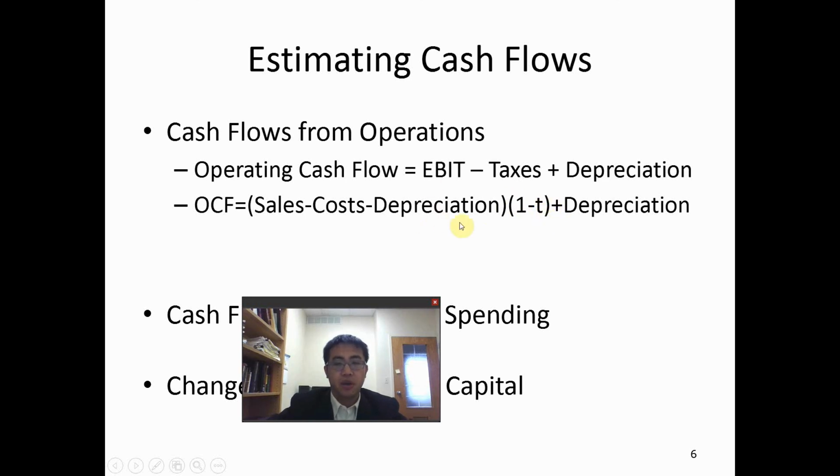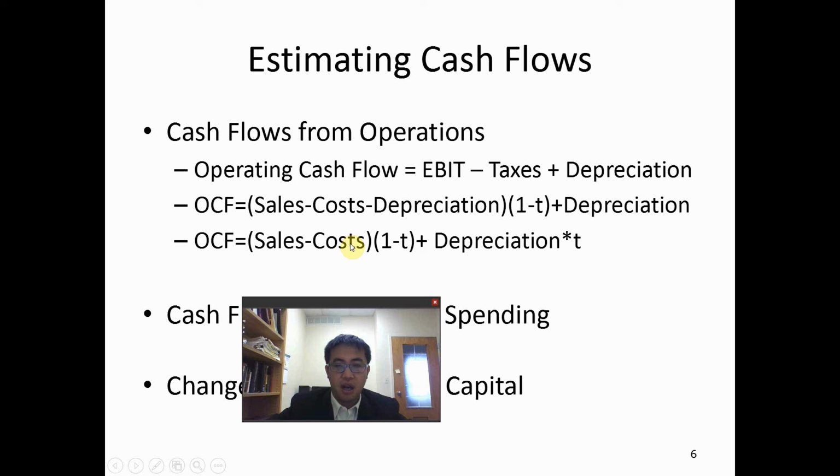In this formula, you will see that depreciation appeared right here and appeared again right there. If you do some math technique, you will find depreciation is singled out. So basically you have sales minus costs times 1 minus tax rate, and you add depreciation times the tax rate. In other words, depreciation basically is a tax shield.